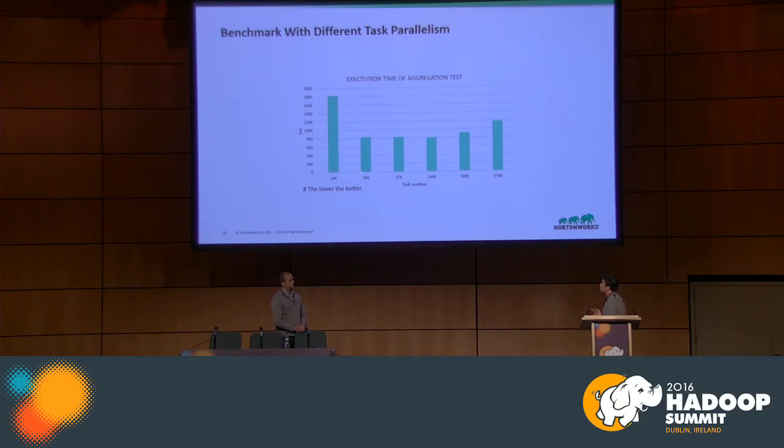And if we increase the task parallelism, the performance gradually becomes better. But if we still increase the task parallelism, like 5,760, the performance gradually becomes worse.